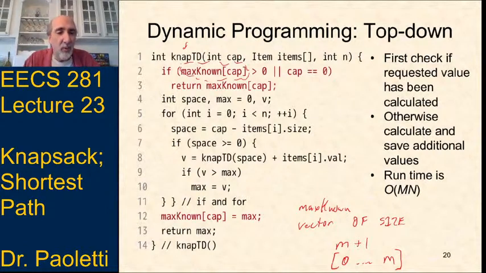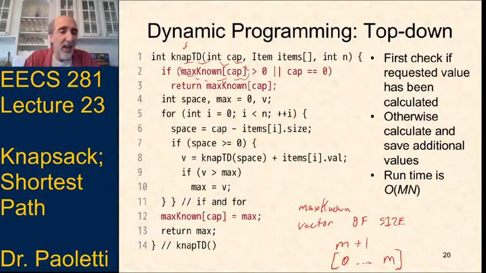So we get into a recursive call at line 2, we check, hey, is the value greater than 0? Because if the value is greater than 0, I know it. I never recalculate anything twice. So once I know the best value for that capacity, it's in there. So if the value in there is greater than 0, it is known, I return it.